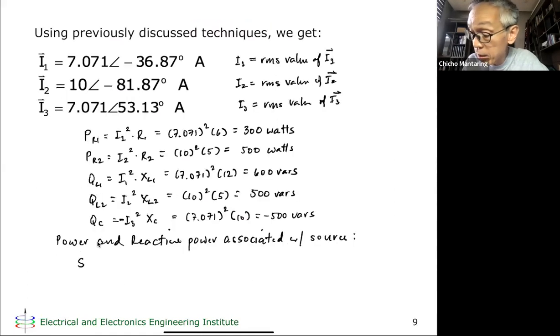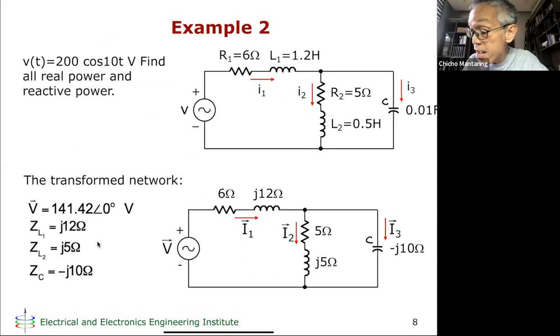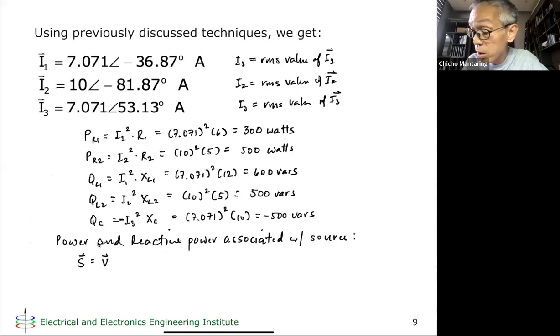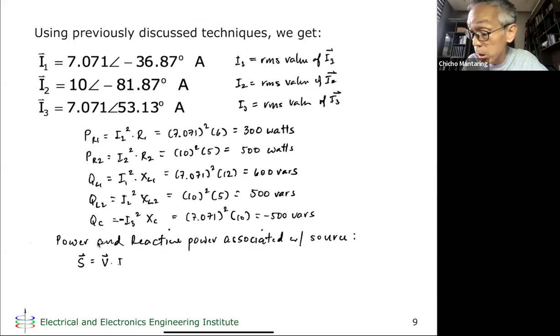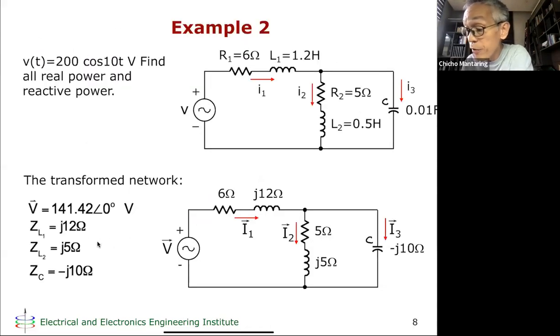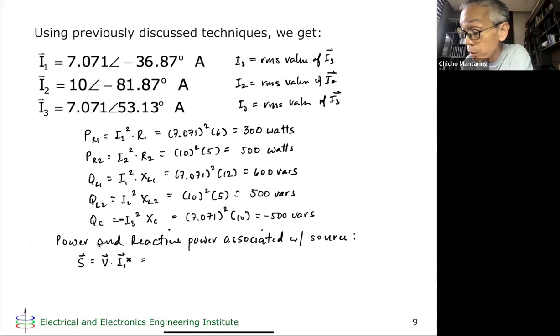S is equal to V multiplied by I1 conjugate. So this is going to be 141.42 at an angle of 0 degrees. What is the conjugate of I1? The conjugate of I1 is 7.071 at an angle of 36.87 degrees.